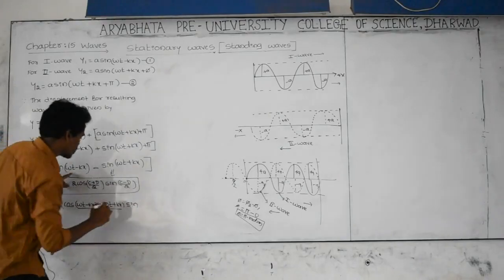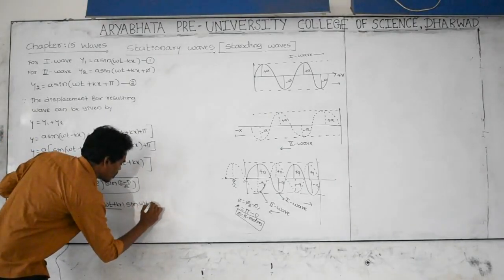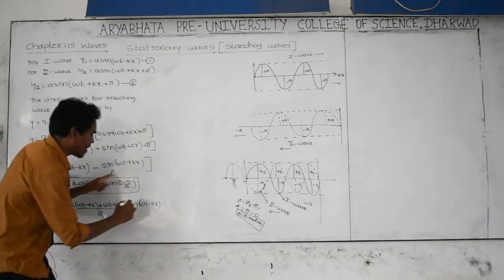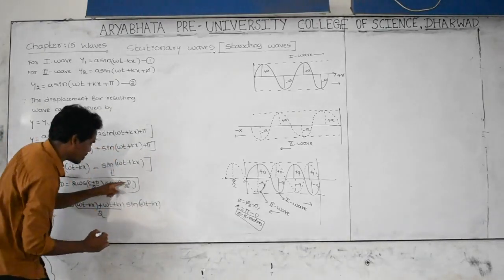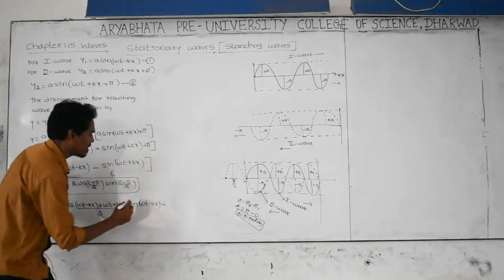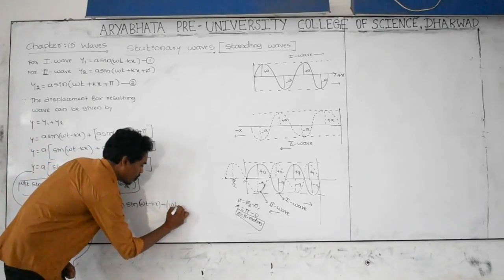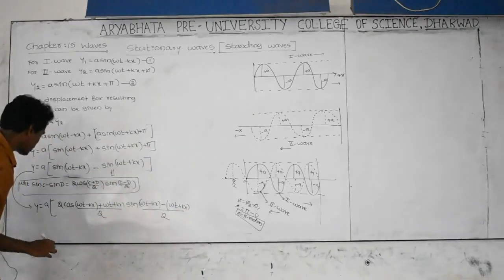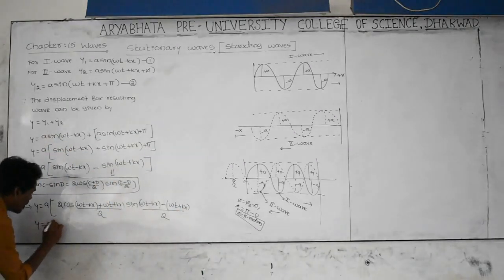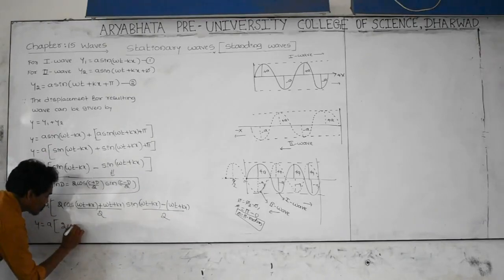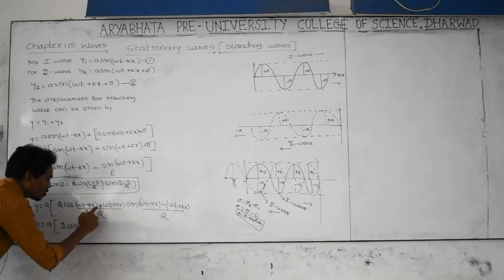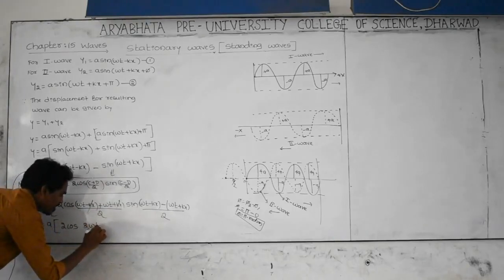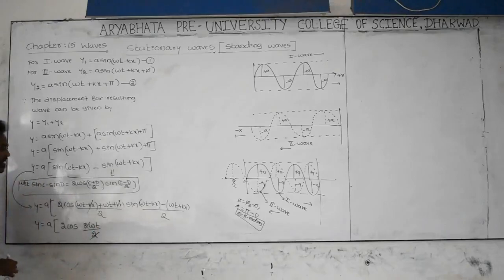What is c? This is omega t minus kx, minus d, which is omega t plus kx, whole divided by 2. And here y is equal to 2a cos of 2 omega t divided by 2, these two getting cancelled.